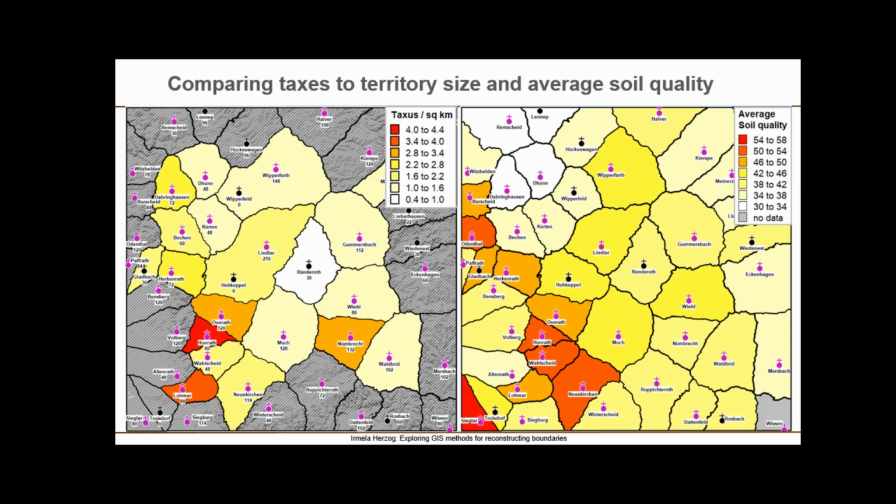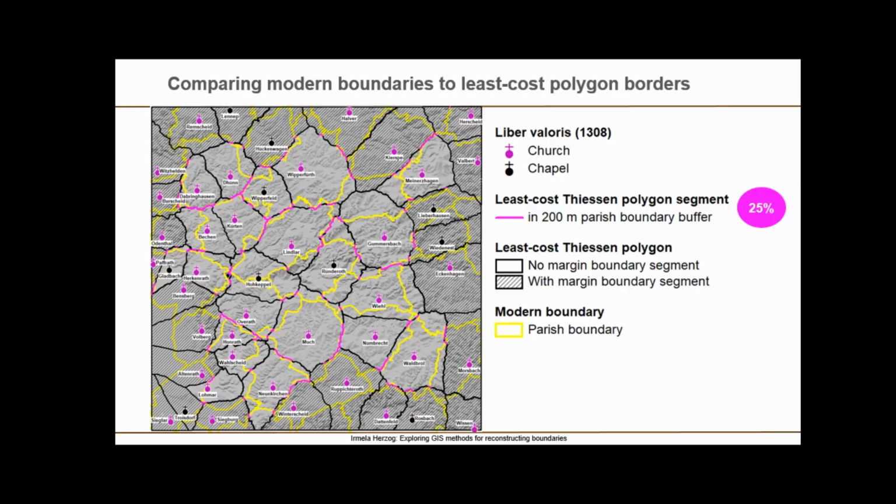And you see that there are some differences, and the differences in part can be attributed to differences in soil quality. So there seems to be something in Thiessen polygon calculation.